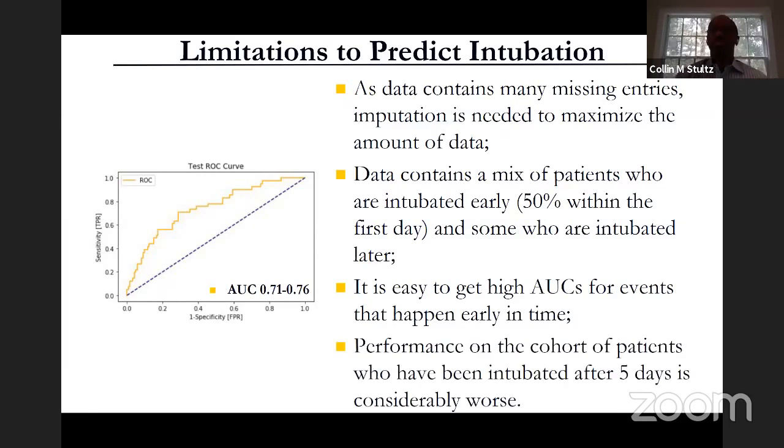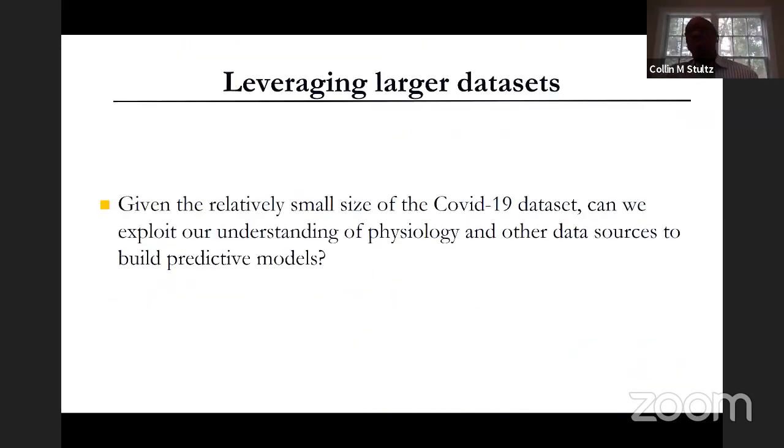But if you restrict yourself to the cohort of patients for whom the issue is not clear, whose initial signs and presenting symptoms do not suggest to the clinician that they are at risk of an adverse event, but who will nevertheless be intubated 6, 7, or 8 days down the line, the performance is significantly worse. So it's hard to make progress on such a small data set.